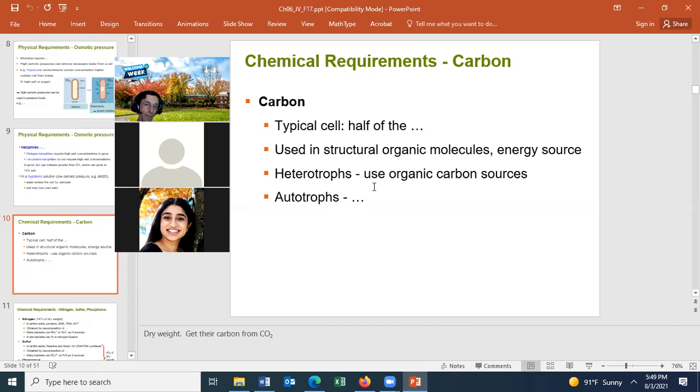For example, humans are heterotrophs, and we get our carbon from an organic carbon source, like my drink here. It's a fruit punch, and the carbon would be, I don't know, fructose in the drink.